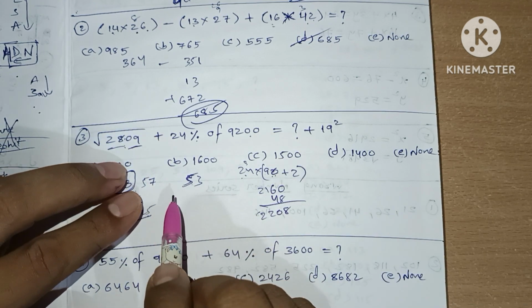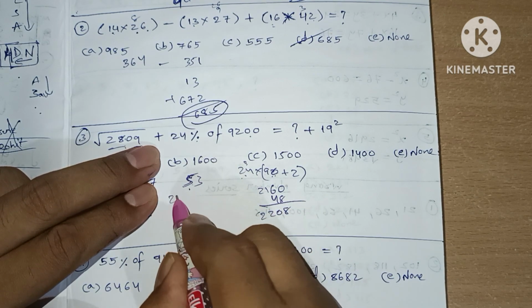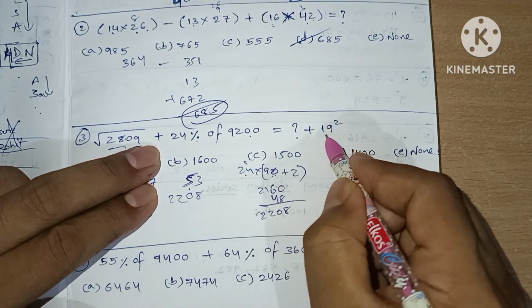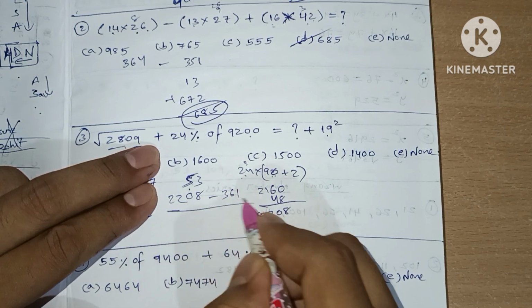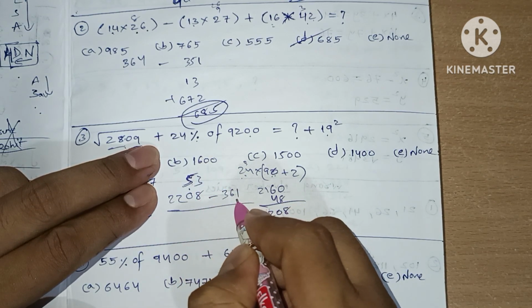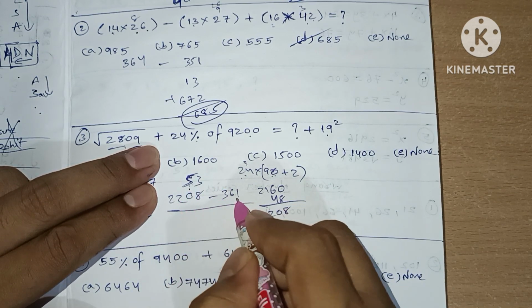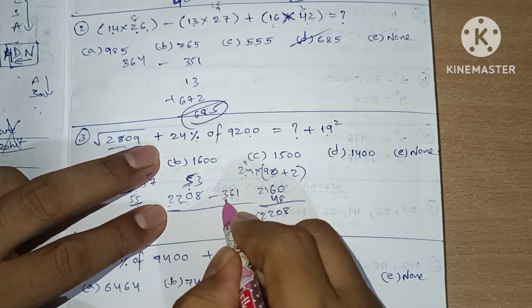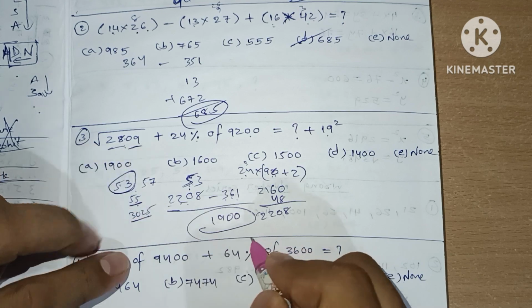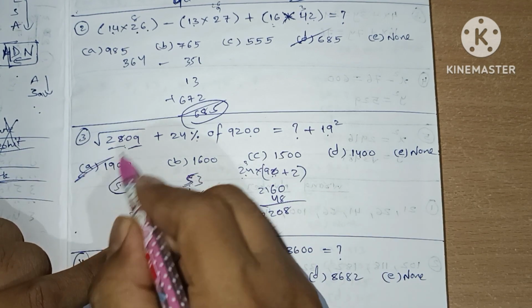So what we have is 53 plus 2208, and this plus 19 square comes this side with minus, which is 361. So we have 11 minus 1, which will be 10. So 6 minus 6, 0. So 22 minus 3, which will be 19. So 1900 is our answer. Option A is our answer.